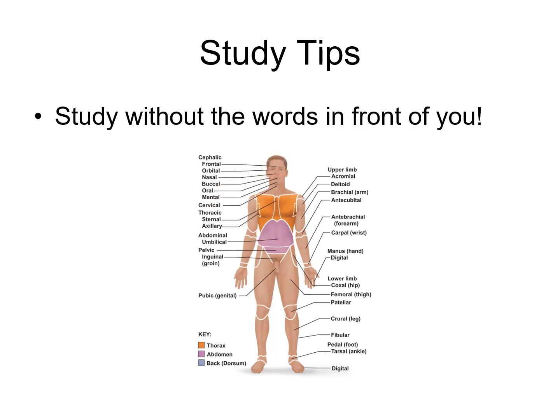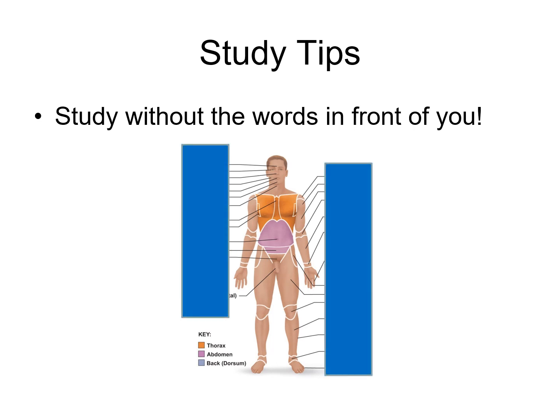But as quickly as possible, you want to move from this to this, where you can't see the words anymore and you're able to start identifying these different body regions from memory. So you want to be able to say cranial, well, excuse me, it's not cranial, frontal, orbital, nasal, buccal, oral, mental, cervical, etc., etc. You want to study like that because that's how you're going to be tested.